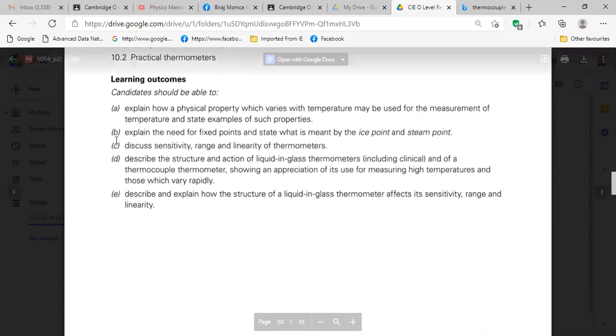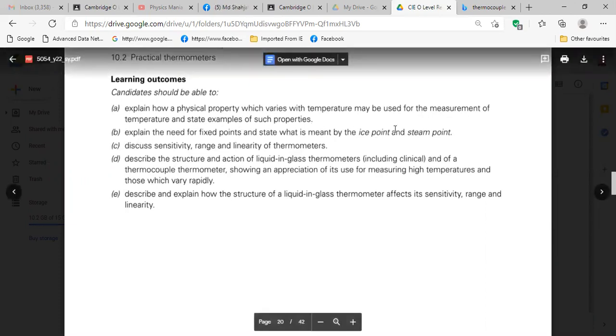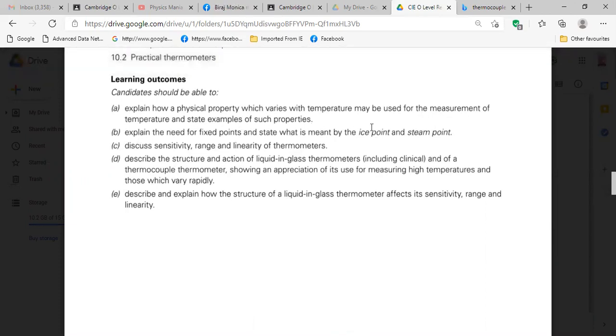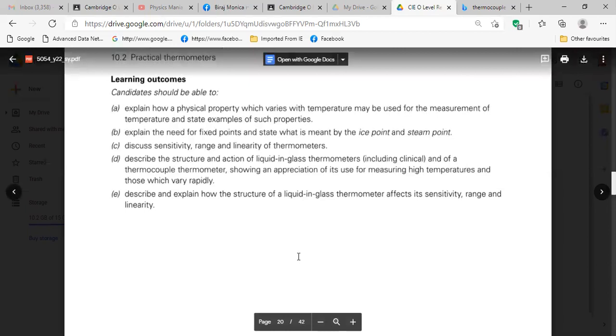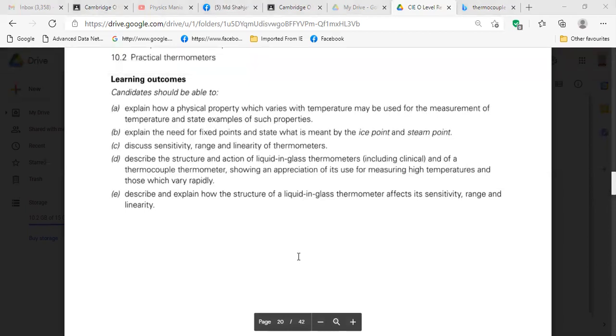we will have a discussion on steam point and ice point. What is steam point, ice point? If you take a thermometer, like the thermometer you got, that one is not marked yet. It is empty. Like you got a liquid-in-glass thermometer where there is no temperature reading available.